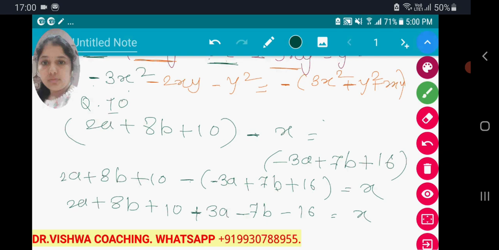So this is the equation which looks like after removing the bracket. Now just add this 2a and this 3a, subtract this 7b from 8b and subtract 10 from 16 and give the bigger constant's sign, and you will find your answer. So the rest of the thing is for homework.